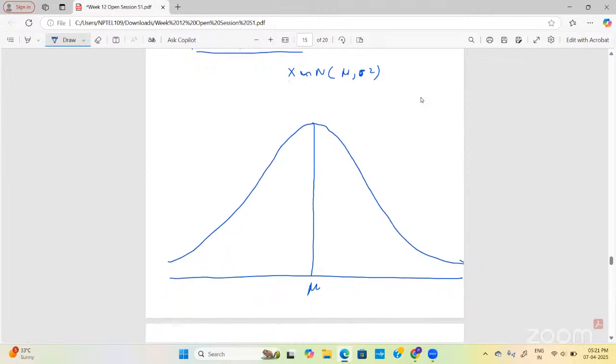So this is the mean. If I go one standard deviation away from this value, suppose this distance is sigma, which is one standard deviation away from the mean, then this point will be mu plus sigma, right?